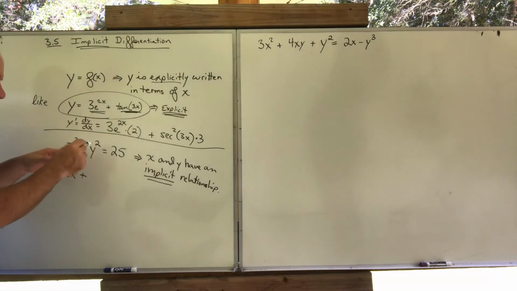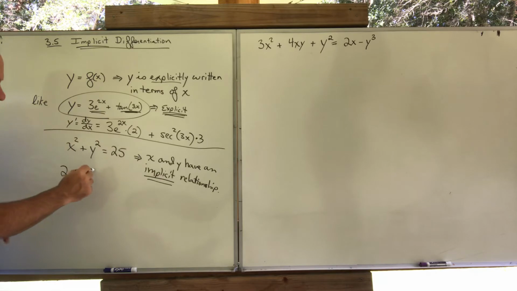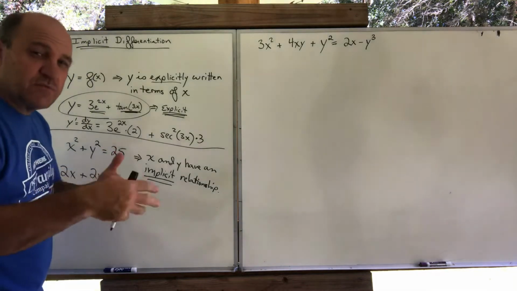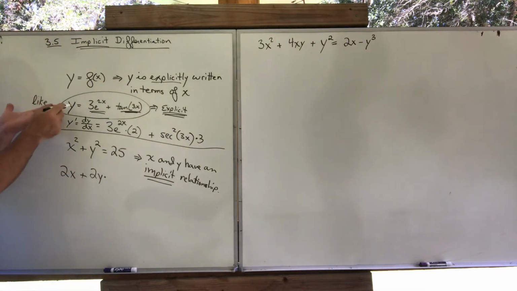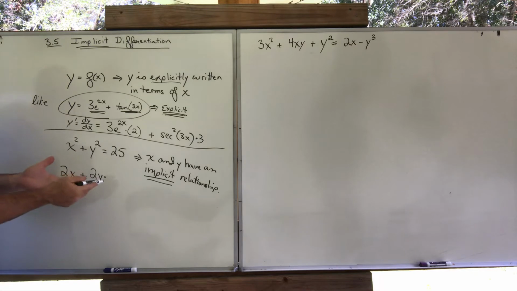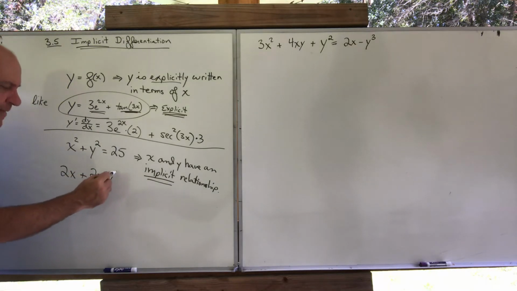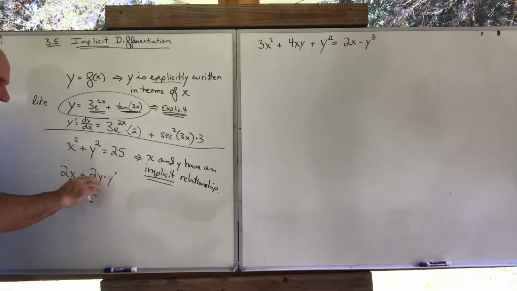You do a power rule. I do the 2 times that y to the first. Now you have to do the derivative of the y. Since we're doing it with respect to x, the derivative of a y with respect to x is called y prime, or dy dx. Now listen to me, if I wrote y prime right here, it's easy to lose that little prime and get a little confused.